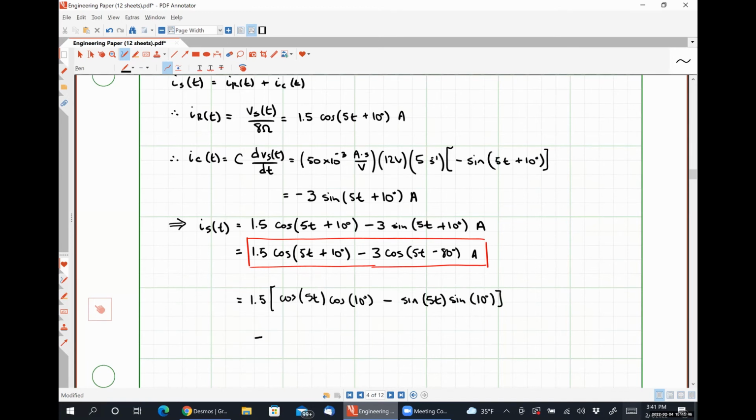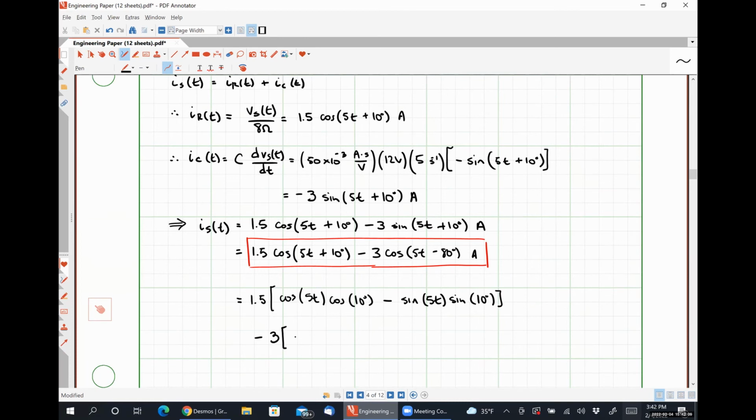Then I have minus 3, and I can use that exact same trig identity. Actually, I need to use a different trig identity because it's cosine alpha minus beta in this case. This one was trig identity 6. This next one is going to be trig identity 8, I believe.